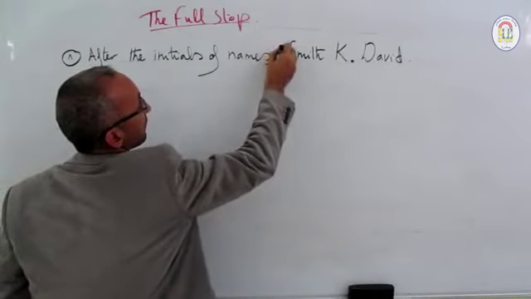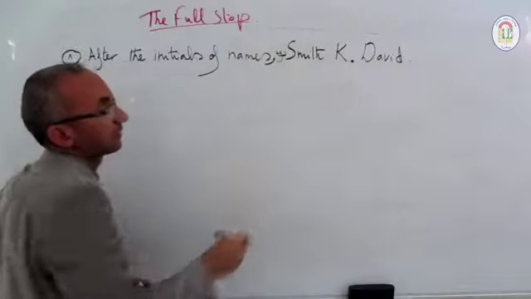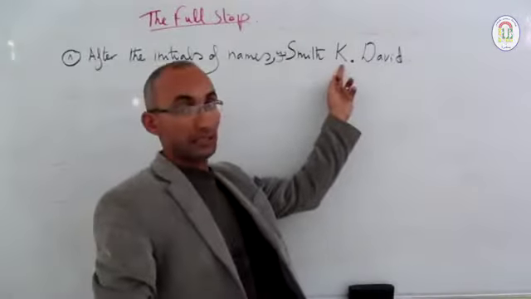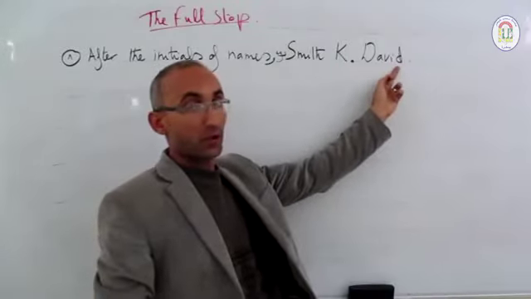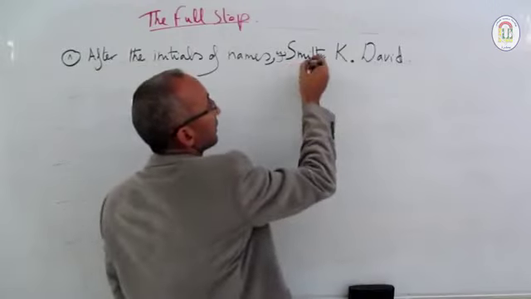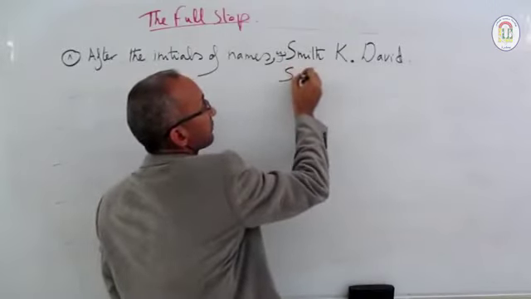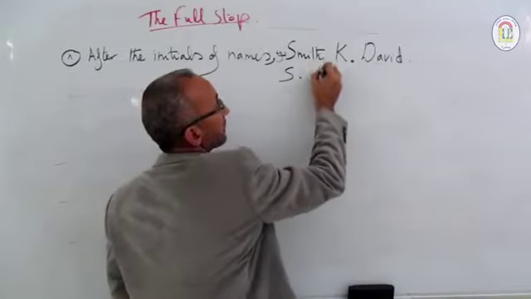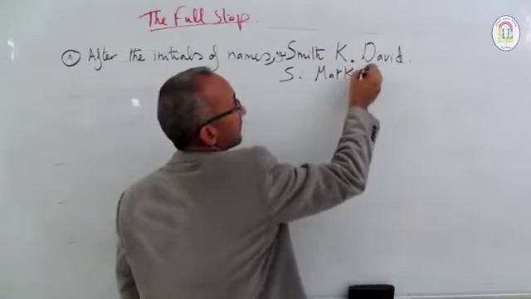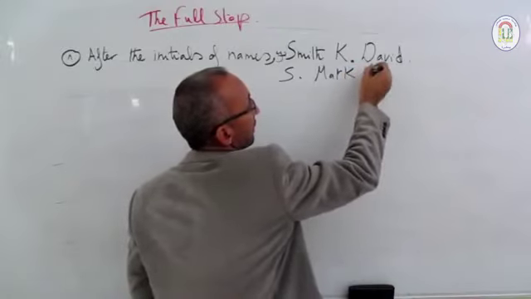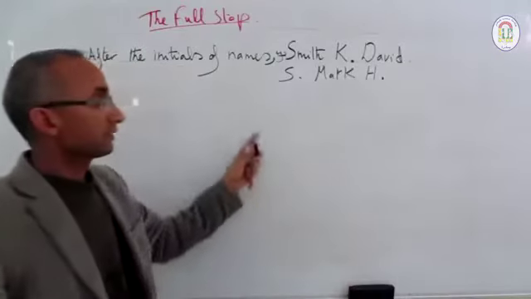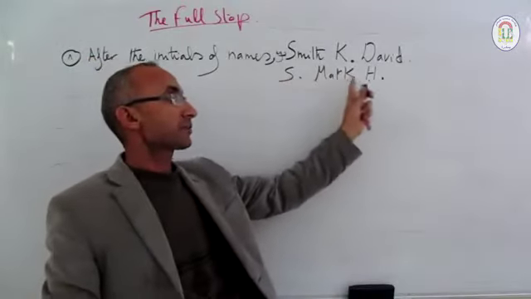For example, we have cases like this, whether the initial comes in the middle, at the end, or even at the beginning. For example, I write Samson, Mark, Steve, or Mark Hampton, like this. We always take a full stop after them.